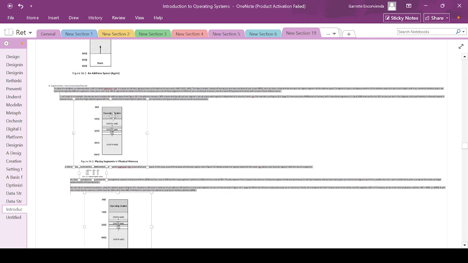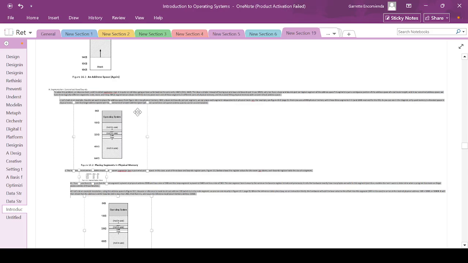And thus, large address spaces with large amounts of unused address space, which we sometimes call sparse address spaces, can be accommodated.